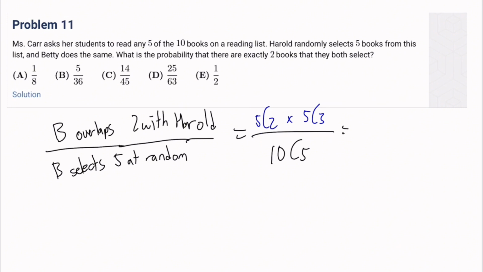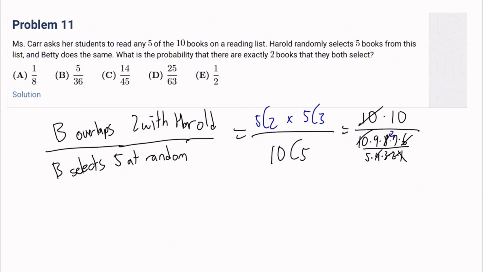And so if we do this, this is equal to 10 choose 5 is 10 times 9 times 8 times 7 times 6 over 5 times 4 times 3 times 2 times 1. And then this is all under 5 choose 2 is 10, 5 choose 3 is also 10, right? And so now we can cancel here. So 10 and 10, they cancel, and then 1 cancels by itself. 6 and 3 times 2 cancel, and then 8 and 4 cancel, that to make 2.